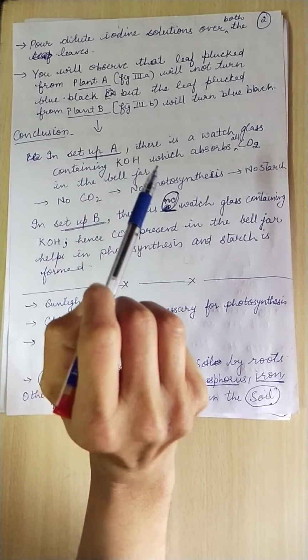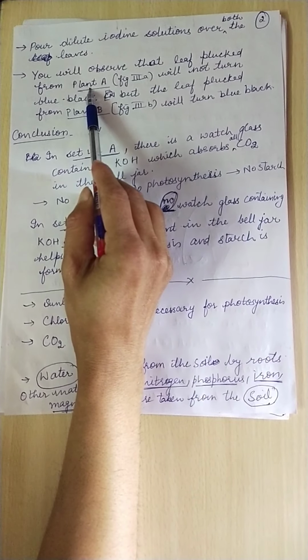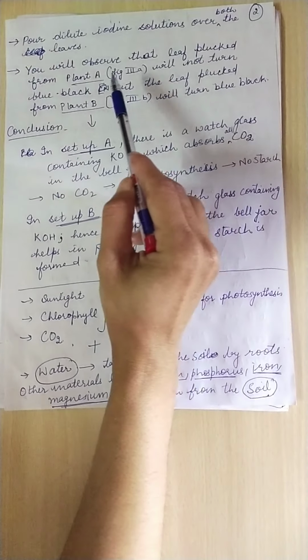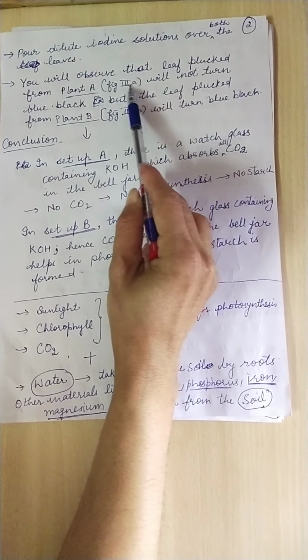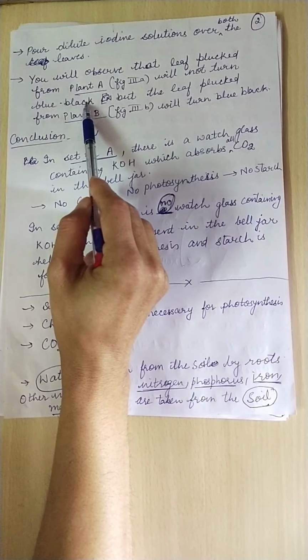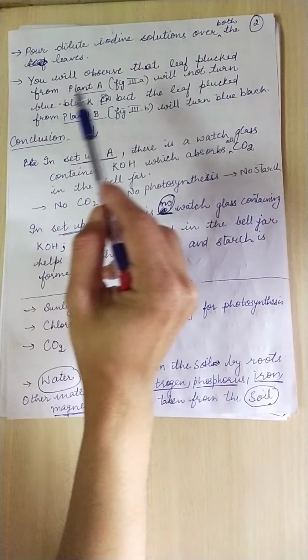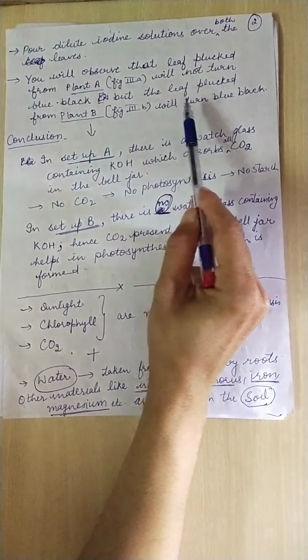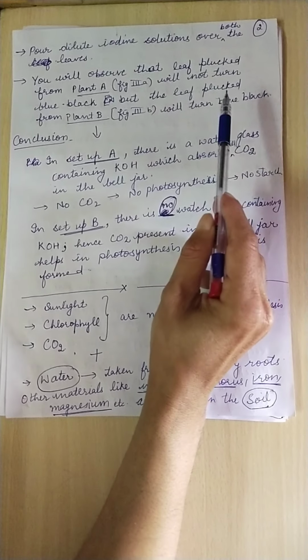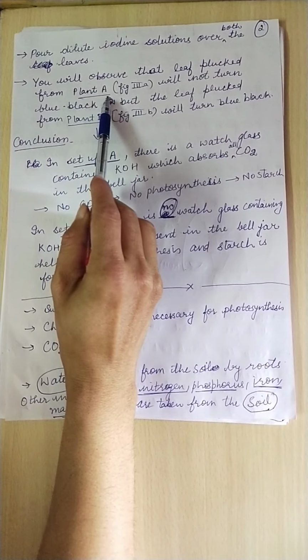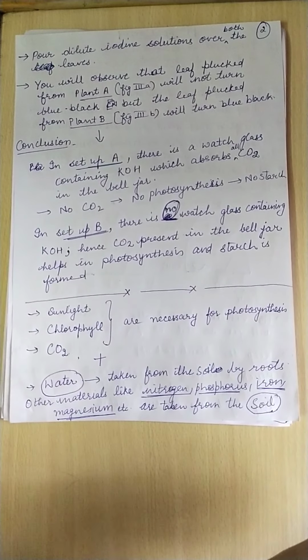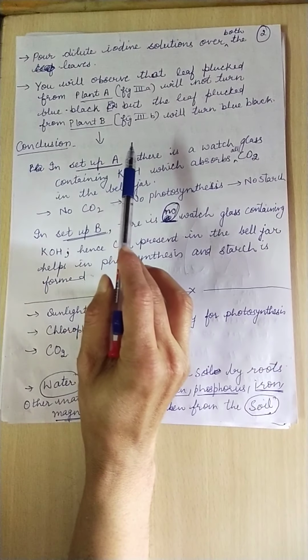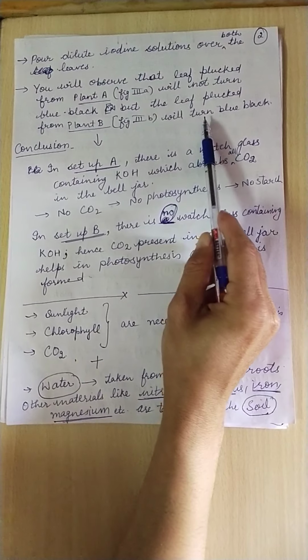What you will observe is that the leaf from plant A will not turn blue black, but the leaf plucked from plant B will turn blue black. This means that in plant A, no photosynthesis has occurred, but in plant B, photosynthesis has taken place.